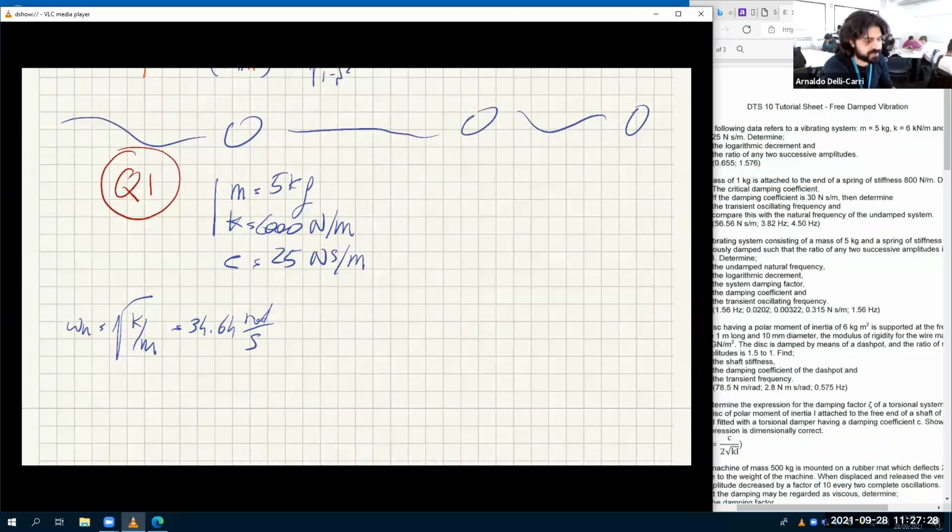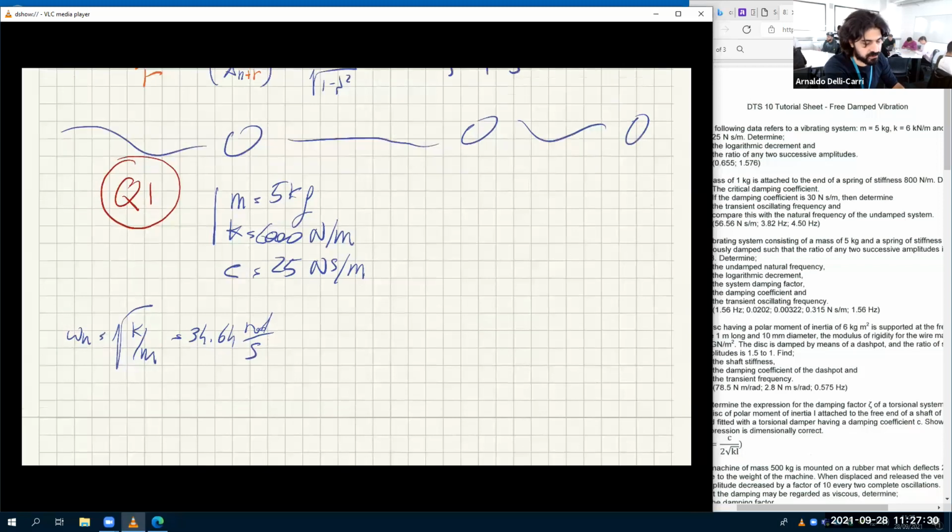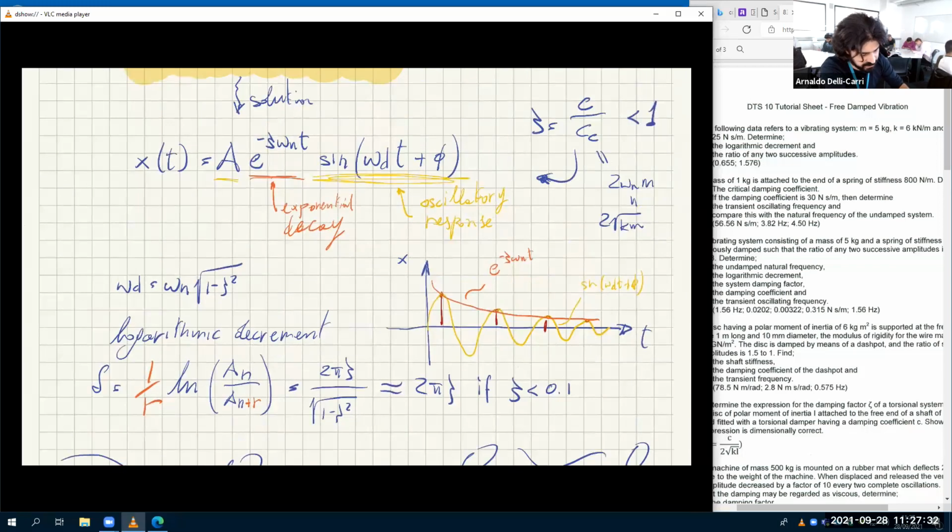And then with this, we can also find C critical. Remember, C critical is this or this. We know omega n and m, or we know K and m, that's the same thing.